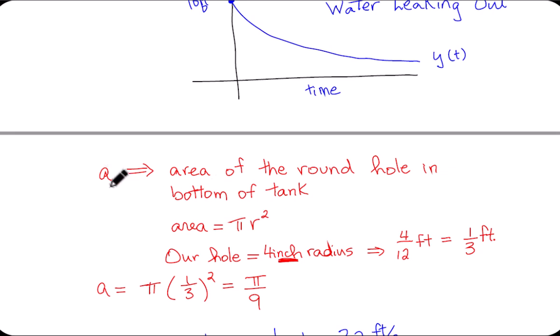My hole has a 4-inch radius, so I need to convert. 4 divided by 12 is 1/3 foot. And so the area of my hole is 1/3 squared times pi, so pi over 9.